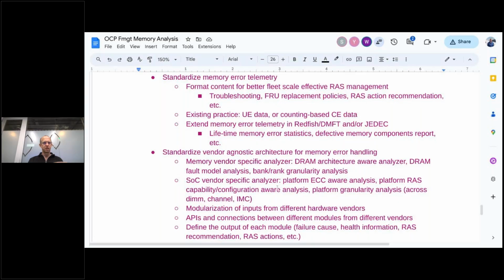I think we have a good representation from system integrators, DRAM vendors, and silicon vendors. I feel like you're the only one representing CSPs. You need to bring more folks here.